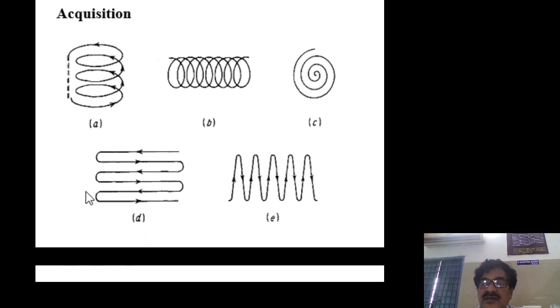Figure D is called the raster pattern, like a television scan. The way the picture is produced on a television screen is referred to as raster, and the D pattern is called raster.